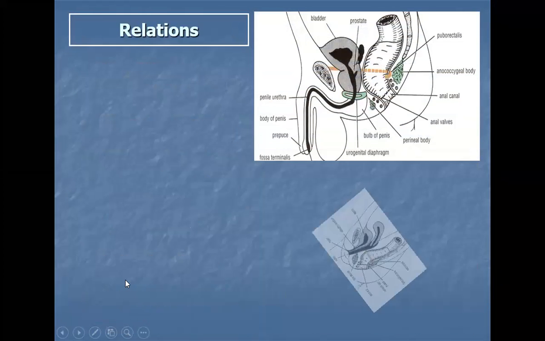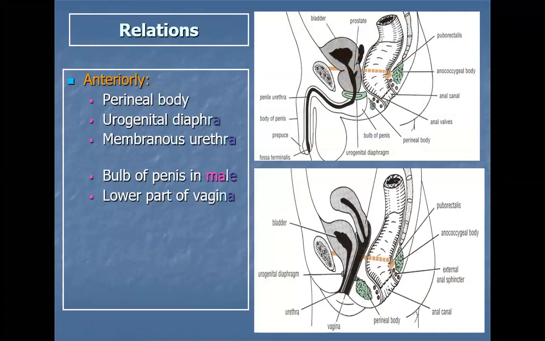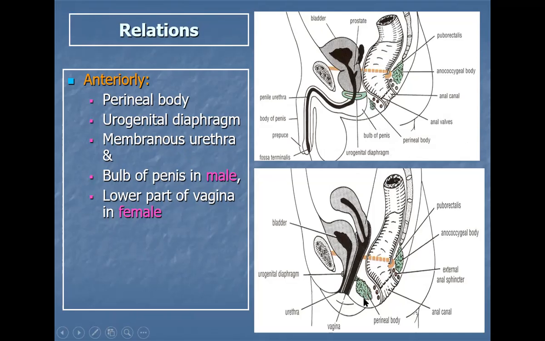Coming to some important relations. Just like in the case of the rectum, there are some differences between male and female in the anal canal. Anteriorly, there is a very important body called the perineal body. This is very important in females, because during delivery this perineal body can tear.